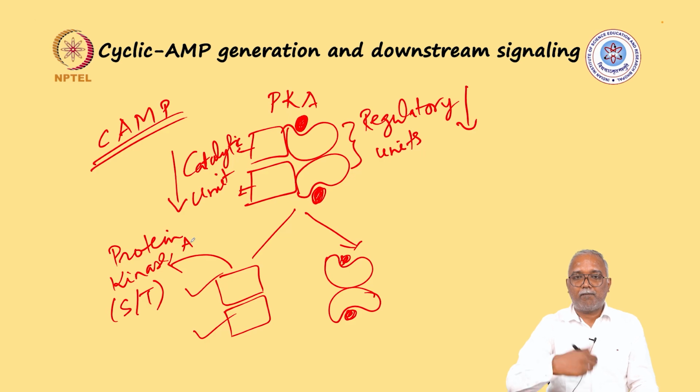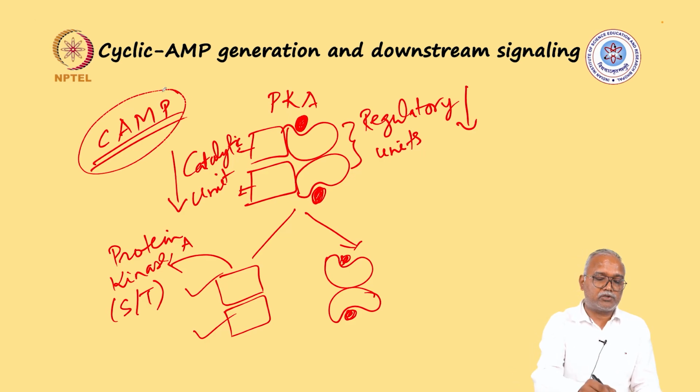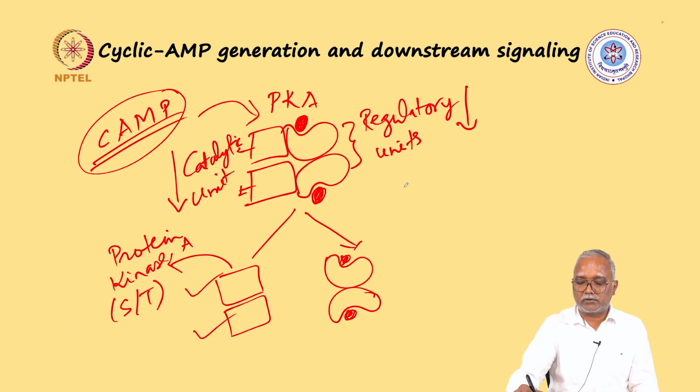This is where amplification of the signaling further goes on, because cyclic AMP which is generated will activate hundreds of pKa molecules, and each pKa molecule can phosphorylate hundreds of target molecules. So the target protein is phosphorylated.